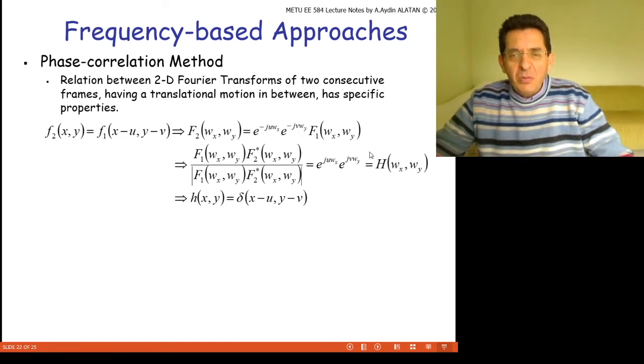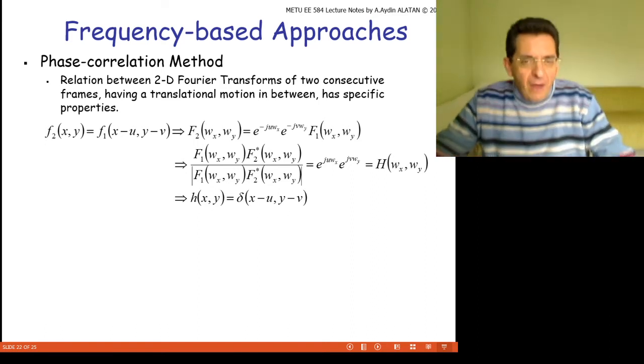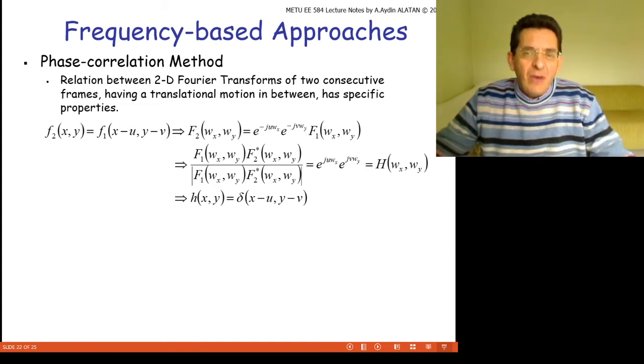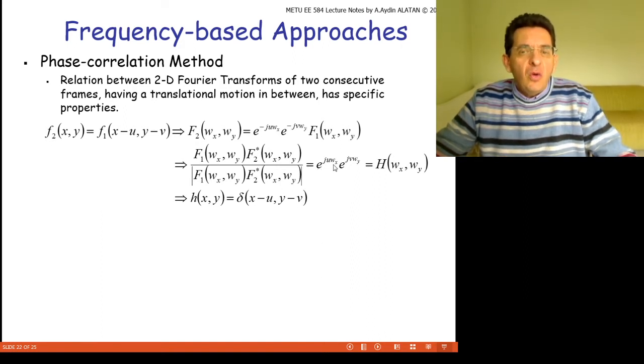So I simply take two 2D DFTs, take one of the conjugates, multiply them for every frequency one by one, and divide by their magnitudes. I look only at the phase information. In the phase, you will have the complex exponentials where the phase information is in terms of u and v here. And if you take an inverse 2D DFT, those complex exponentials become nothing but shifts in the time domain.